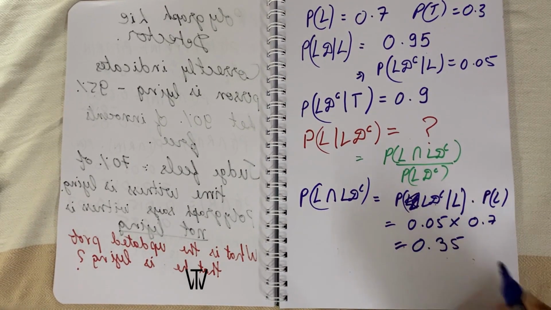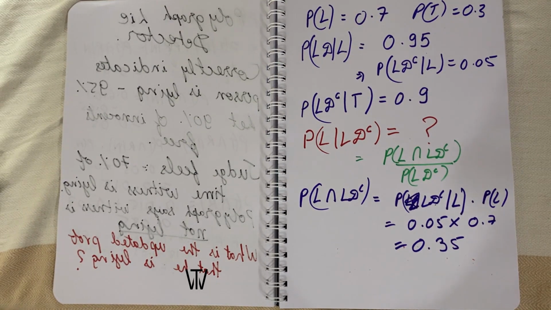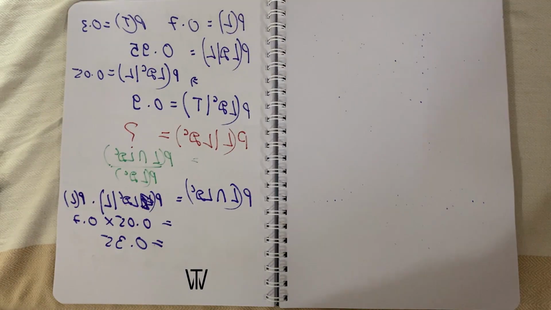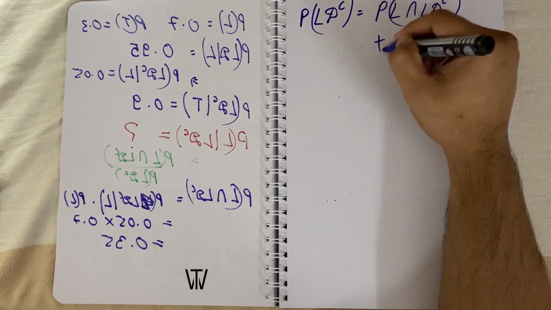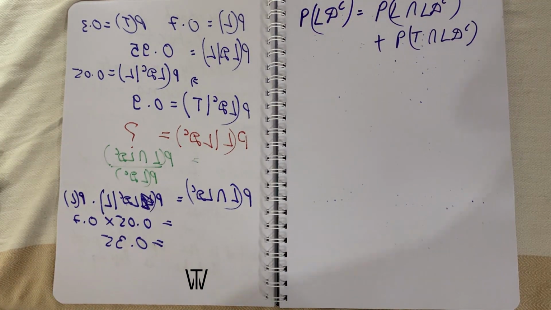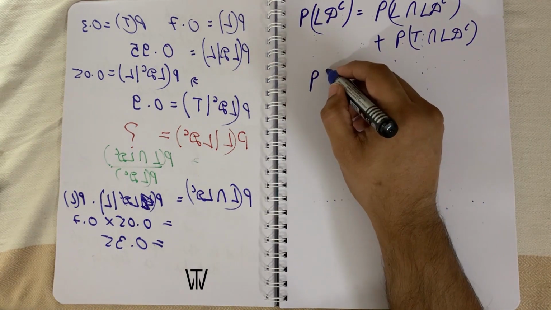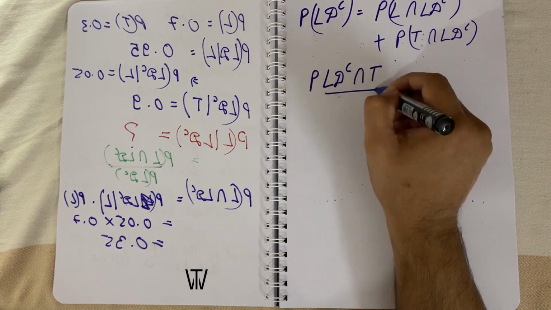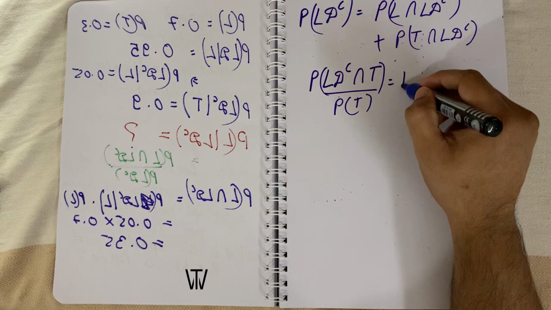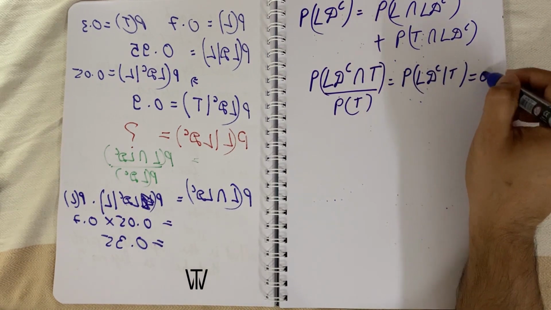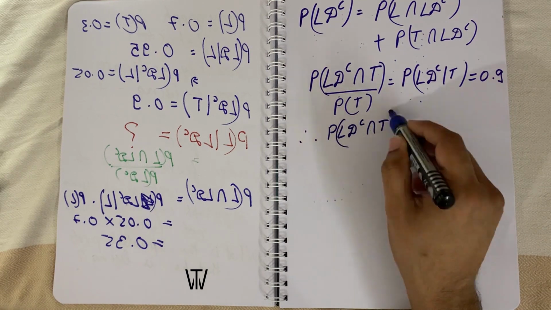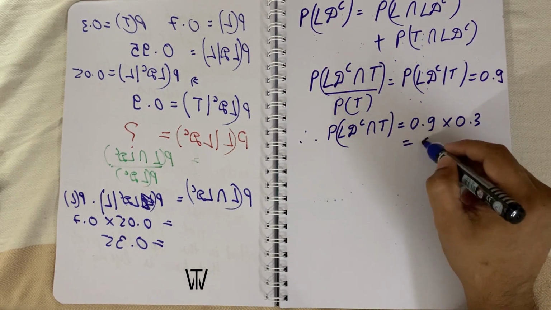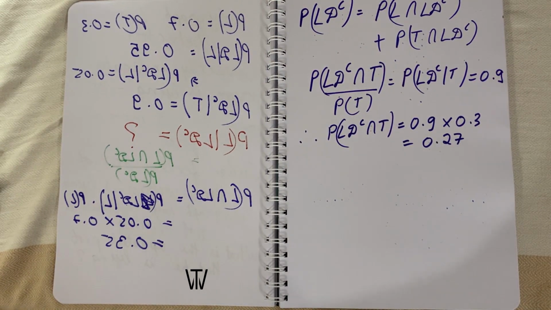P of LD complement can be expanded as P of L intersection LD complement plus P of T intersection LD complement, because lie and truth are exhaustive. P of LD complement intersection T divided by P of T is equal to P of LD complement given T, which is equal to 0.9. So P of LD complement intersection T is equal to 0.9 into 0.3, that equals 0.27.